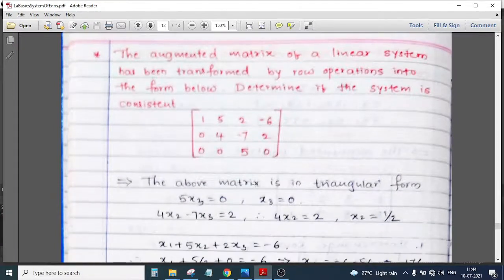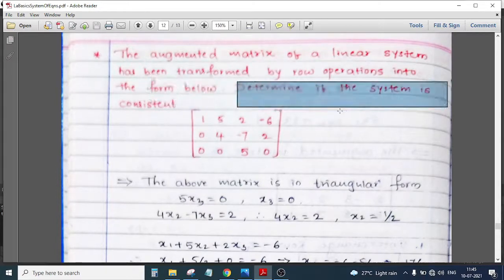The next problem we have, let us try to understand this problem now. The augmented matrix of a linear system has been transformed by row operations into the form below. Determine if the system is consistent.